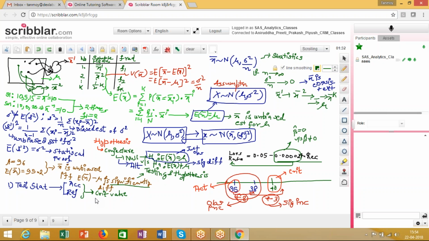So this critical value is a test statistic value.